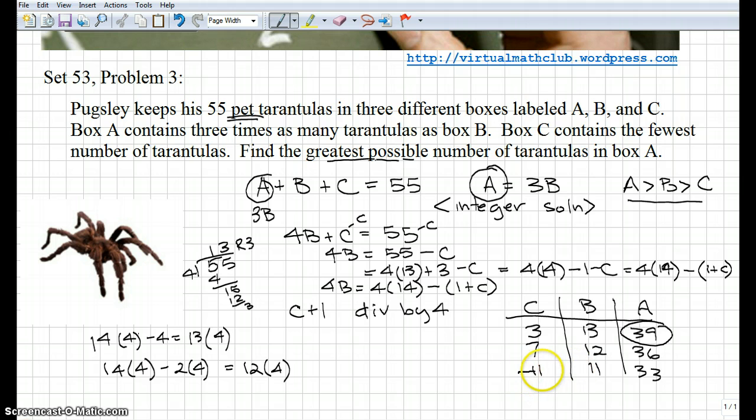So this doesn't work. So we actually only have two solutions. So you get 36 or 39 tarantulas in box A. And the greatest possible number of tarantulas is 39.